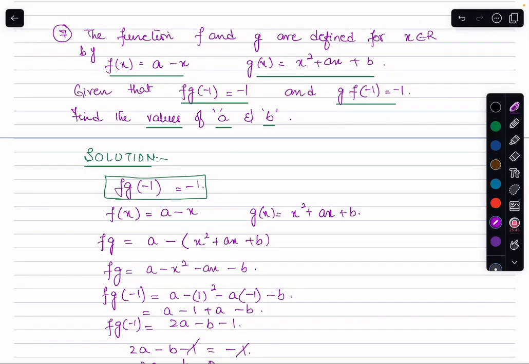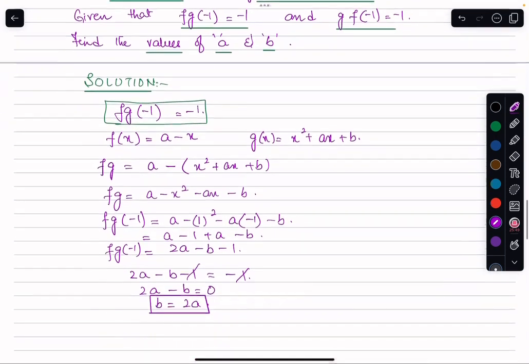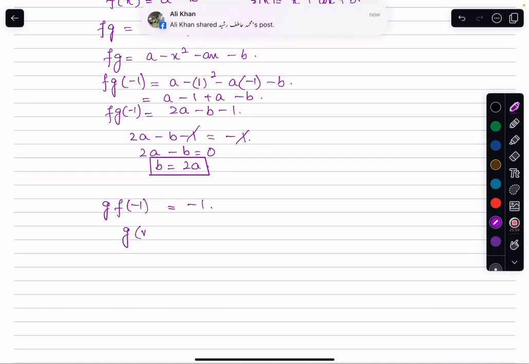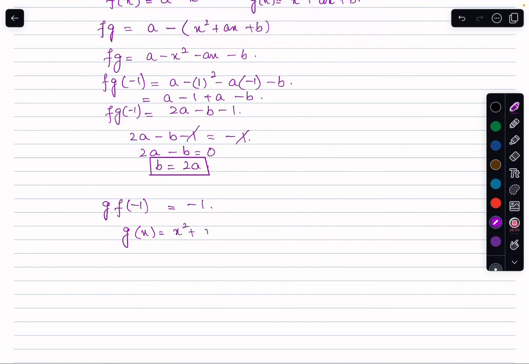Now we have to solve for the second condition, which states g of f of minus 1 equals a minus 1. We had the g function, which was equal to x squared plus ax plus b, and the f function, which was equal to a minus x.